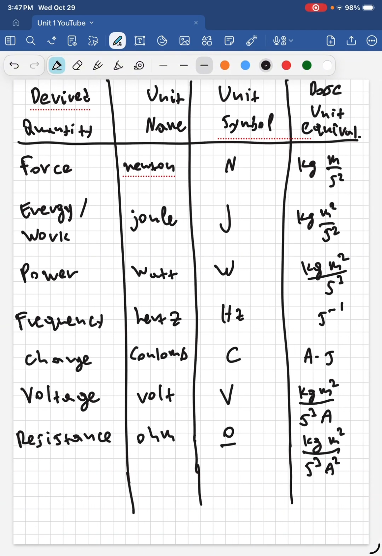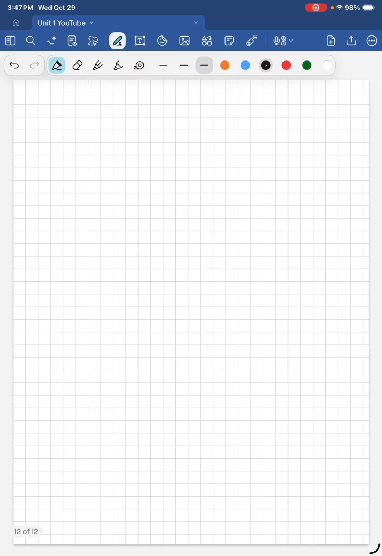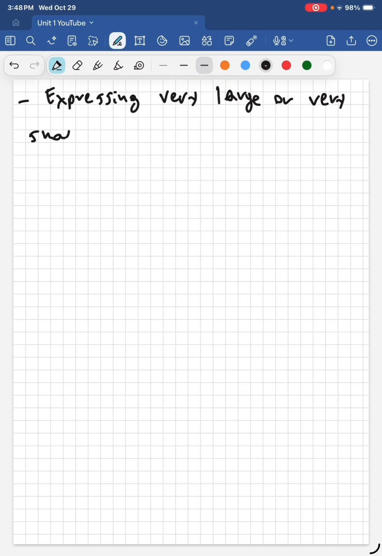So the next thing we will discuss is how to express really large or small measurements. So let's write this down. Expressing very large or very small measurements.